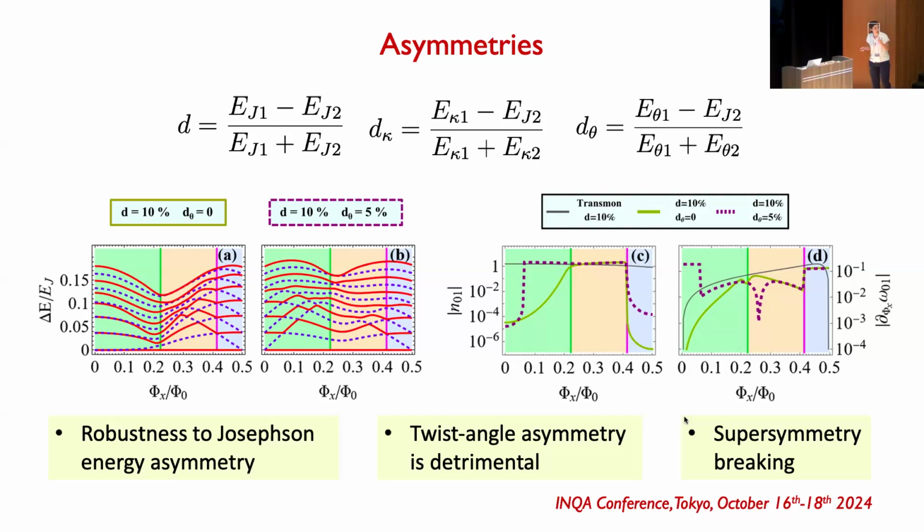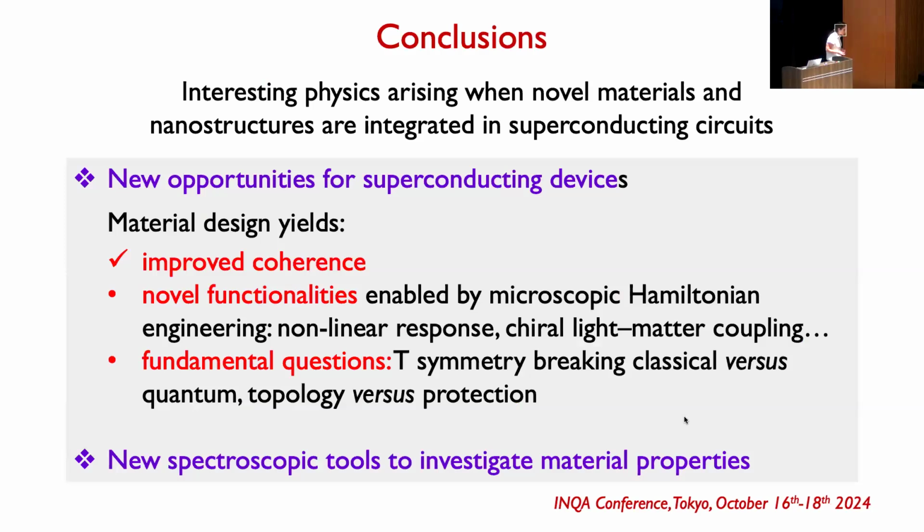If they have different twist angles, this may lead to problems. In the first case, with zero angular asymmetry, you can still have a certain supersymmetry preserved up to a certain energy scale. And of course, this leads to less efficient protection in the case in which you have twist angle asymmetry.